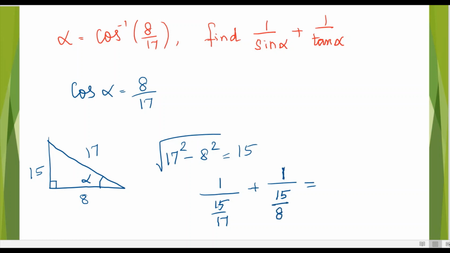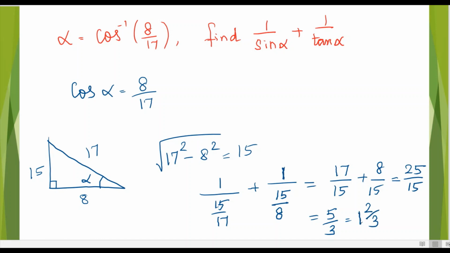So this can be written as 17 over 15 plus 8 over 15, which is equal to 25 over 15 or 5 over 3, which can be written as 1 and 2 upon 3. Okay. So this is the value of the given expression, 5 over 3 or 1 and 2 over 3.